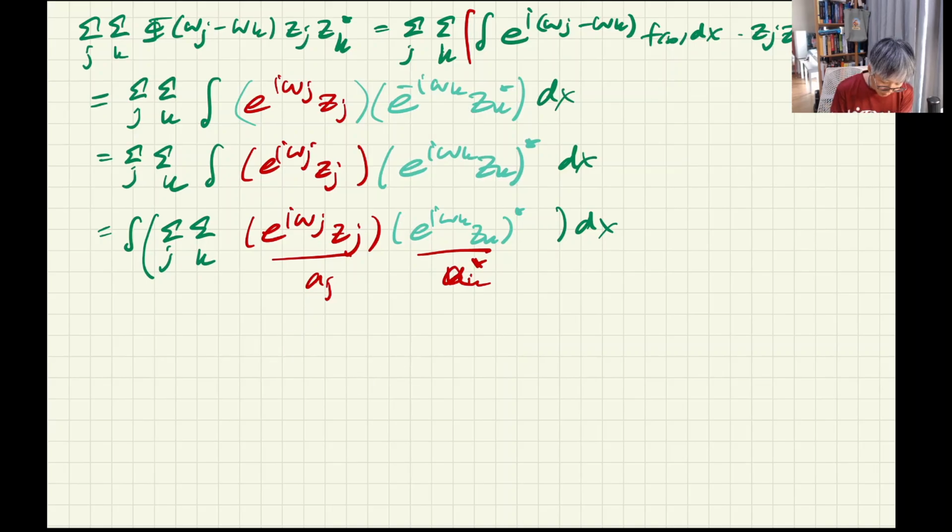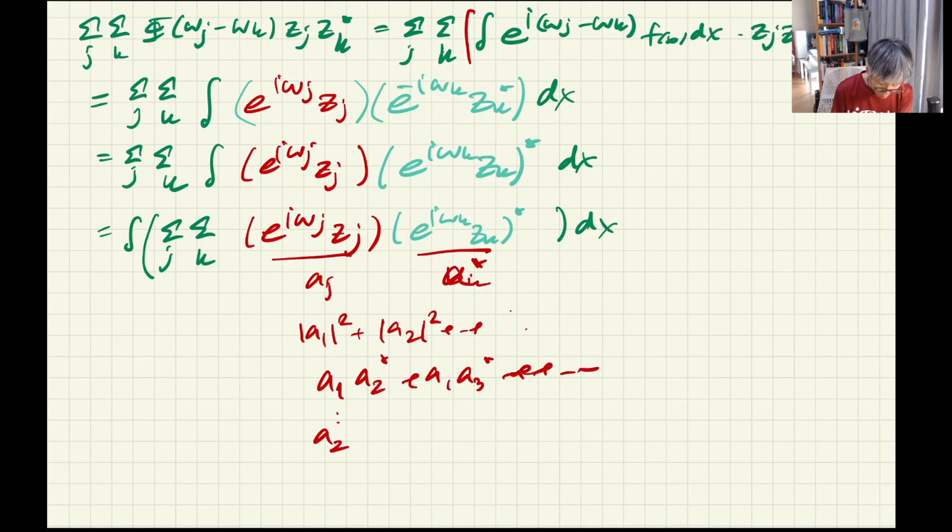For example, this double sum goes like this: the modulus of a1 squared, the modulus of a2 squared, and it goes all the way, dot dot dot. And then you're going to have the cross terms a1 a2 star plus a1 a3 star, dot dot dot. And then again a2 a1 star, a2 a3 star, dot dot dot, until all the remaining terms.